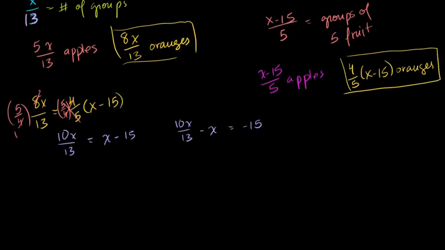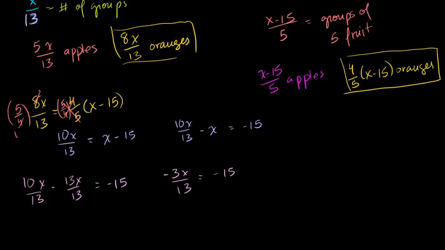Let me scroll down a little bit. And so what is this? This is the same thing as 10x over 13 minus 13x over 13, right? That's just x. And then 10 minus 13, so this is minus 3x over 13 is equal to minus 15.